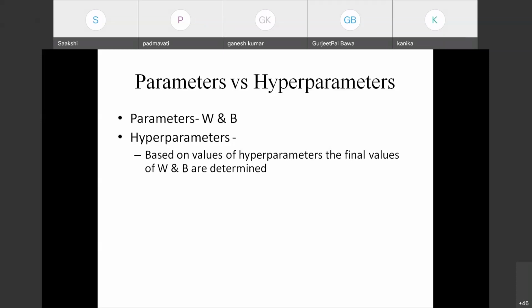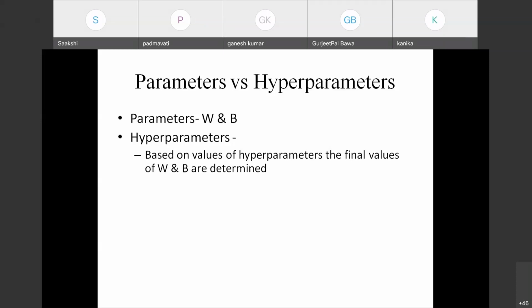So I can easily say with this illustration that the weight 0.2 is much better than the weight assigned the value 0.5.